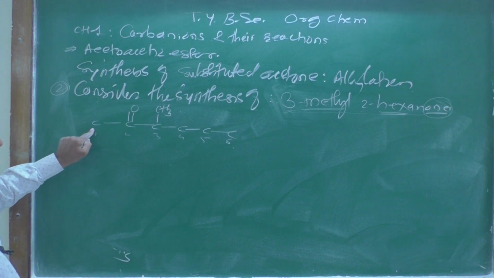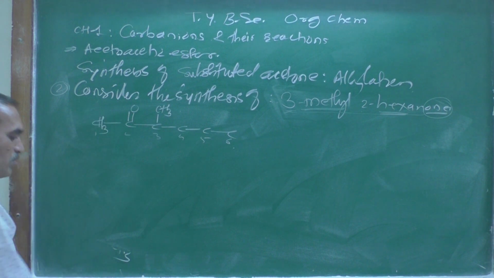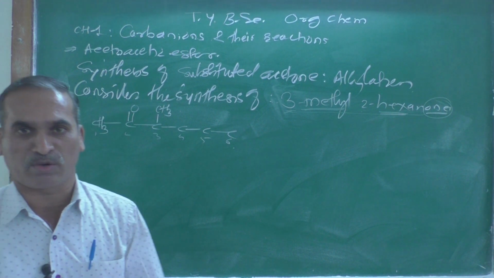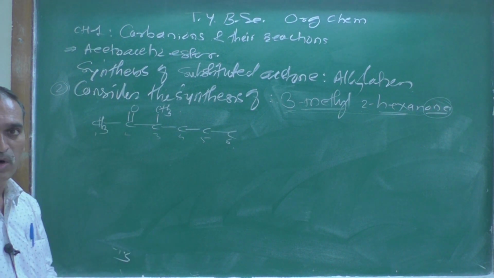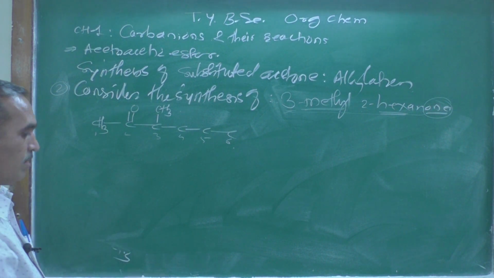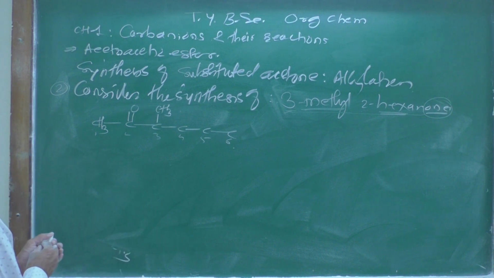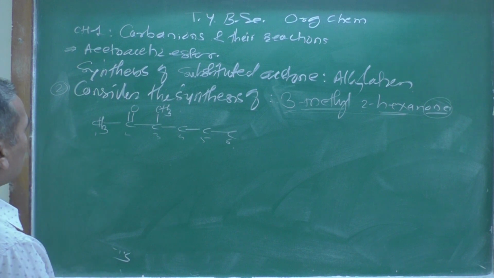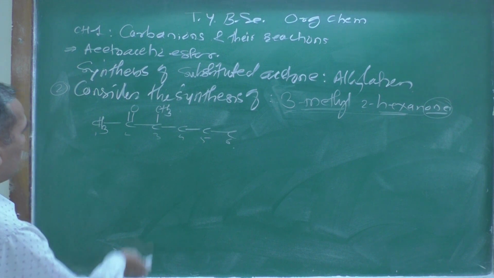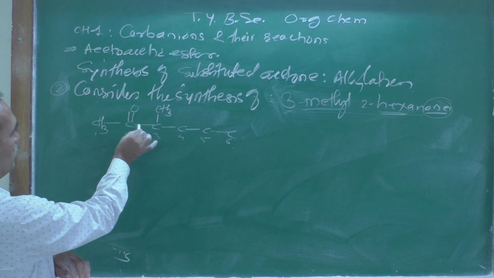Look, this is a terminal carbon atom. I am placing 3 hydrogen atoms. Why am I placing 3 hydrogen atoms at this carbon atom? Because it has 1 bond. So on the rest you can place the hydrogen atoms. Look at this carbon atom, there are 4 bonds, 1, 2, 3, 4.